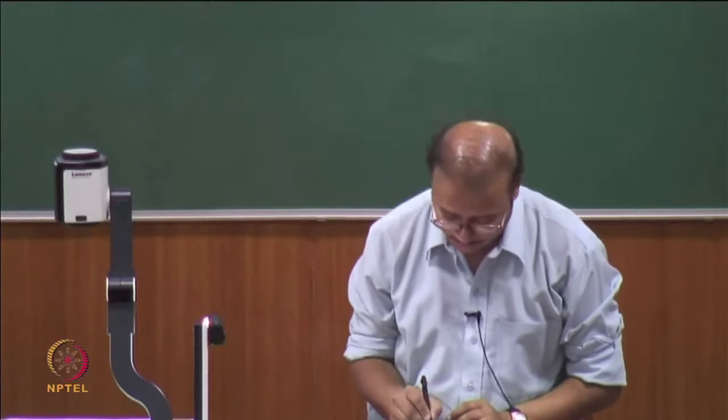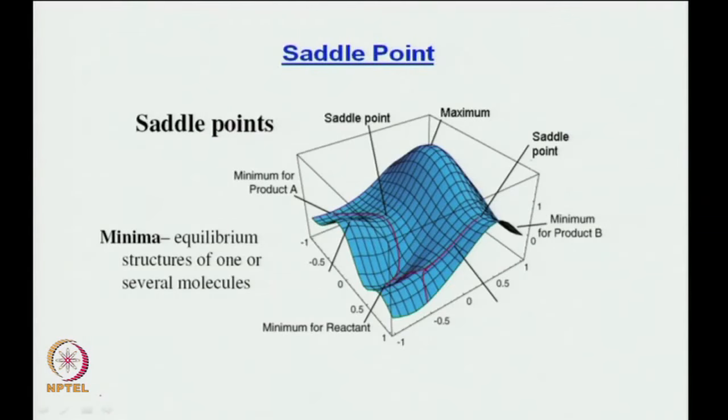Now, that is precisely what is being told to you in the figure. Look at this very carefully. This is what a saddle point is, right. You see where it is, and if you start from here and you come here, doesn't it look like a horse saddle? If you join these 2 points, it looks like a horse saddle.